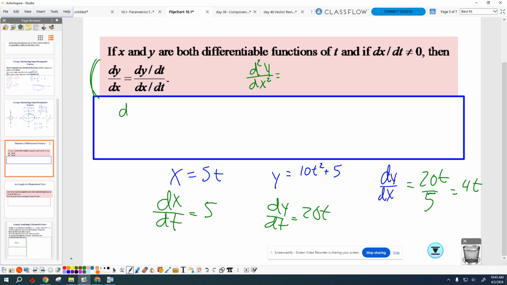If I do the derivative of that with respect to time, does that give me d squared y over dx squared? I'm really saying nah, which she's right.